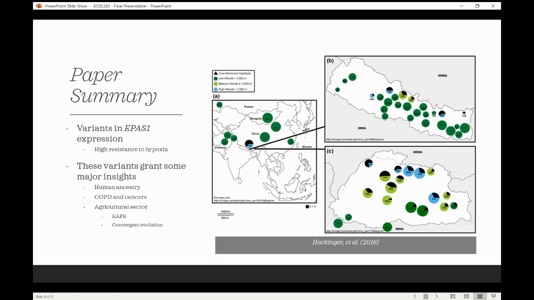So lastly, we're going to go over a quick summary of my paper. A major finding of all of these papers just across the board was that there are variants in Tibet and Bhutan that have a high resistance to hypoxia in their EPAS1 gene.